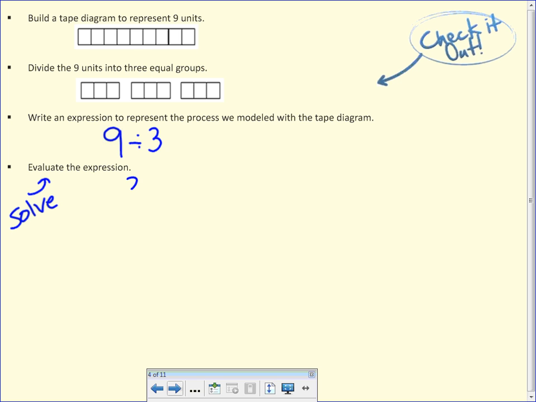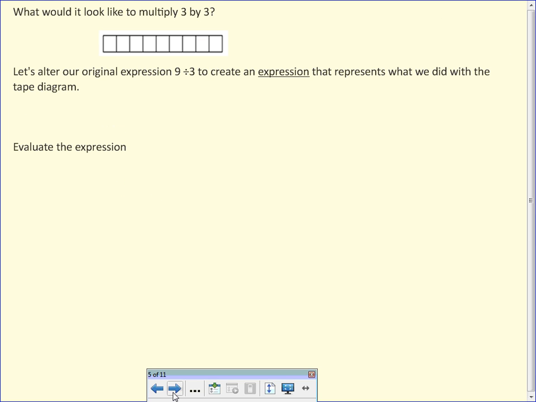3. Yep. Okay? But now I'm going to take that 3 and multiply it by 3. So let's change our expression. We had 9 divided by 3, but then what did I do to it?